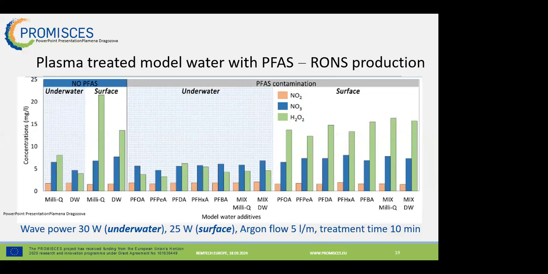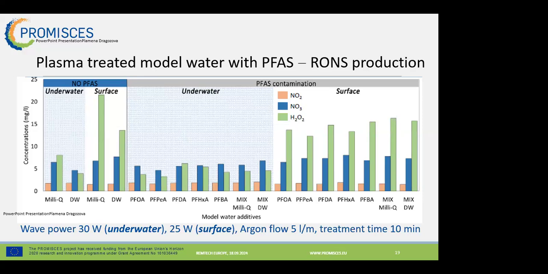So when we have pure water without PFAS, we can see that treatment of the surface with the plasma leads to production of a higher concentration of H2O2. And this happens also when we have this PFAS contaminated water.